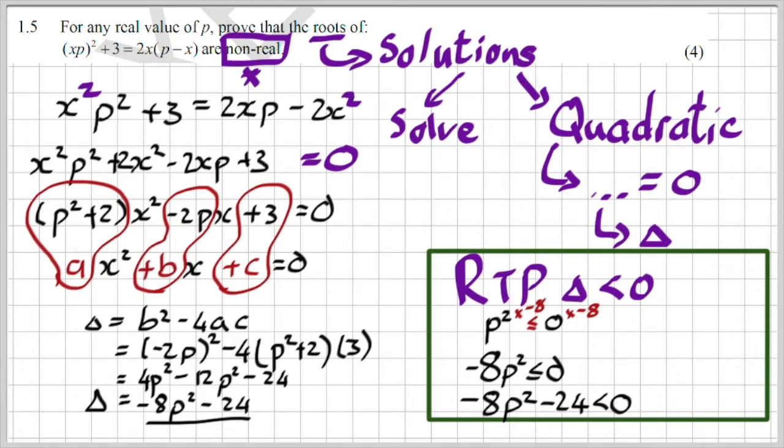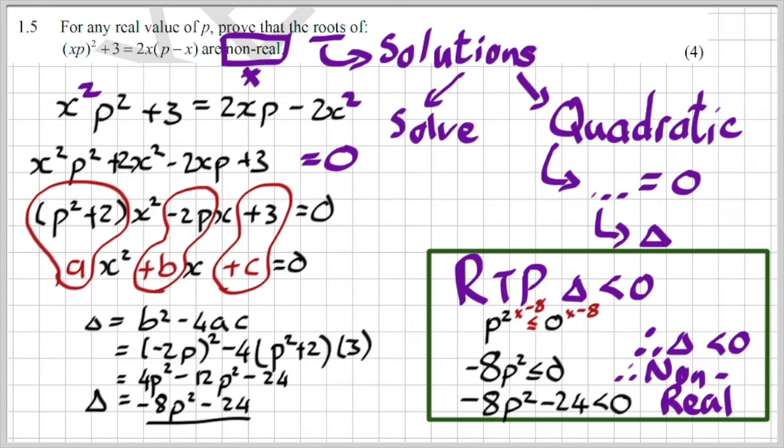So in other words, what am I sitting with? The left-hand side is delta. So in other words, delta is smaller than naught. Therefore, the roots are non-real. As simple and as straightforward as that.